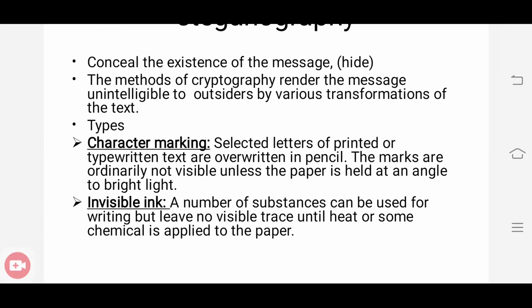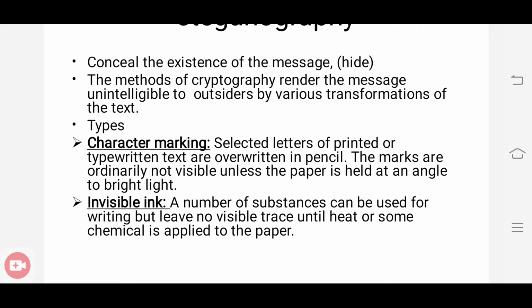So mainly steganography is the concealing or hiding of the message. There are 4 types. One is character marking. That means we are using some pencils to mark some letters in the plain text. They are not visible to normal eyes, but if we apply some light on the paper or on the plain text letters, we can see the marked characters.